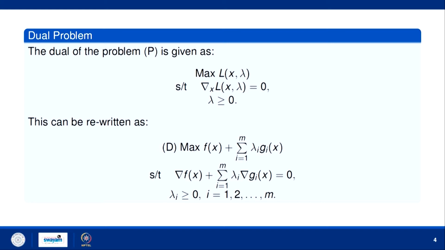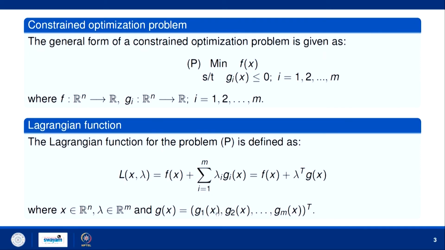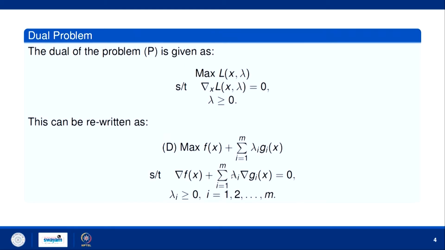Now, this problem can be rewritten as follows. What is the Lagrange function? We have already seen that the Lagrange function is basically f(x) plus the summation, i from 1 to m, of lambda_i g_i. This Lagrange function comes here, maximization of this subject to the gradient of this Lagrange function with respect to x equal to 0, and lambda_i greater than or equal to 0 for all i.